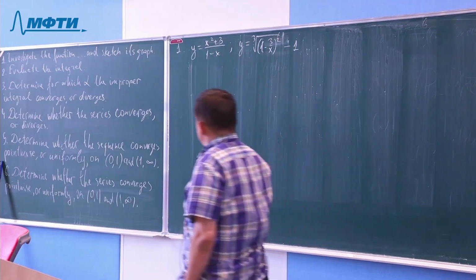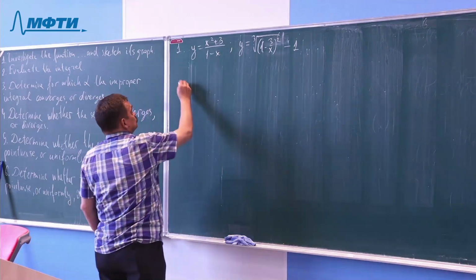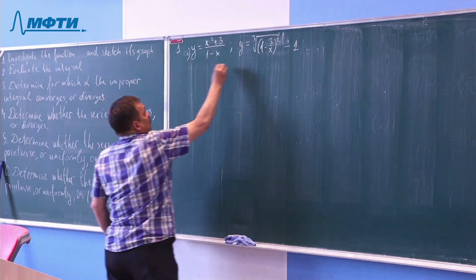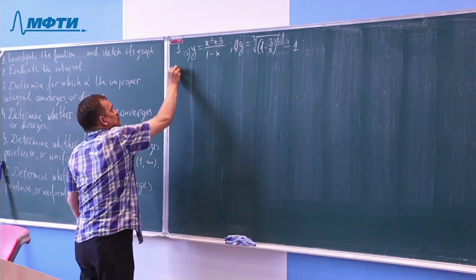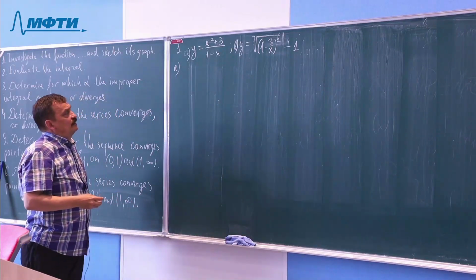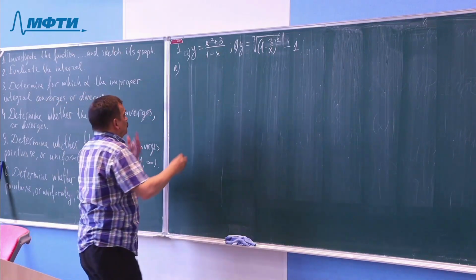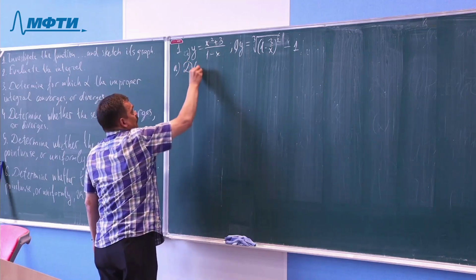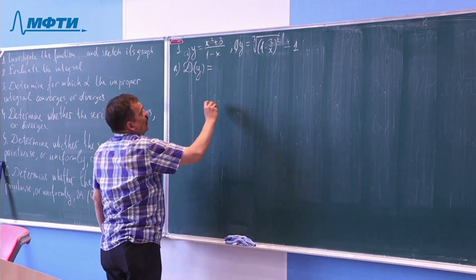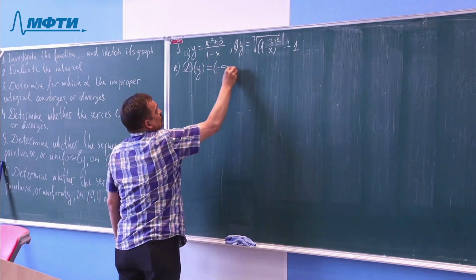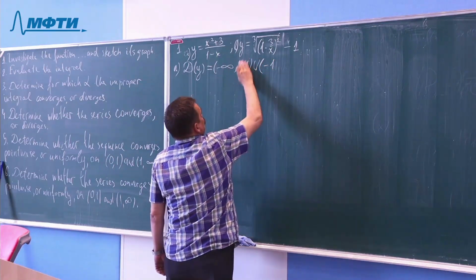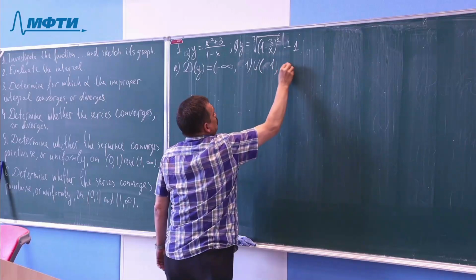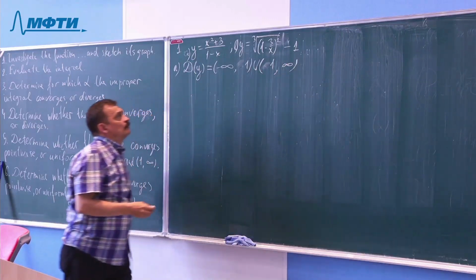Let this be A, and this will be B, right? So let's start with A. We'll start with the domain. The domain of y is minus infinity to minus 1, together with 1 to infinity, right?